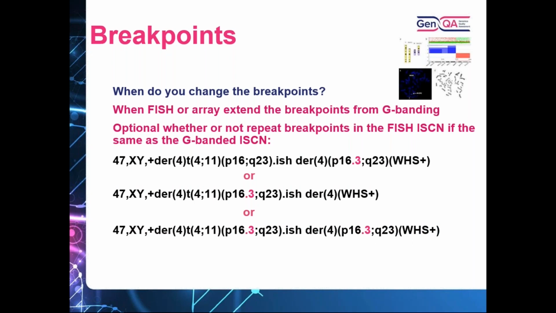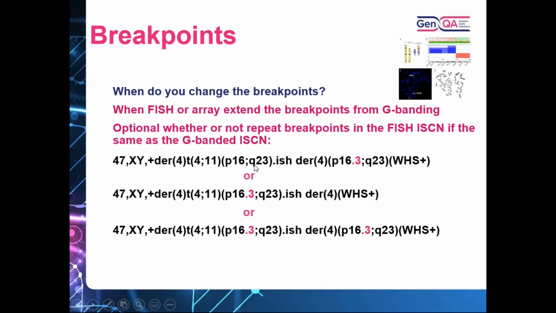So when do you change the breakpoints? You can change the breakpoints when, on G banding, FISH or array extend the breakpoints from the original G banding. It's optional whether or not you repeat the breakpoints in the FISH ISCN if they're the same as the G banded ISCN. These are all the same karyotype, just done slightly differently.